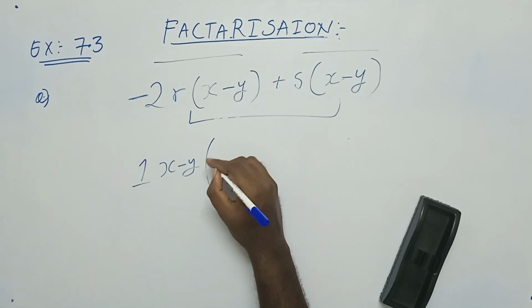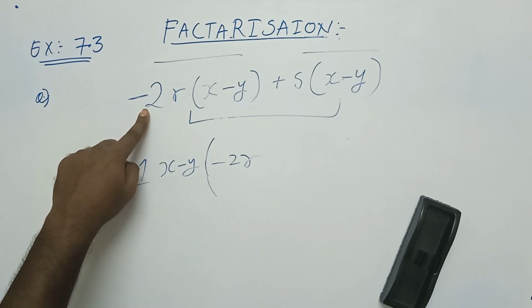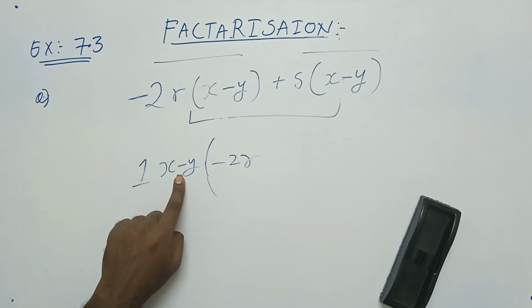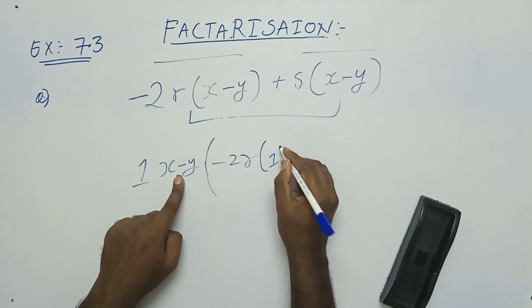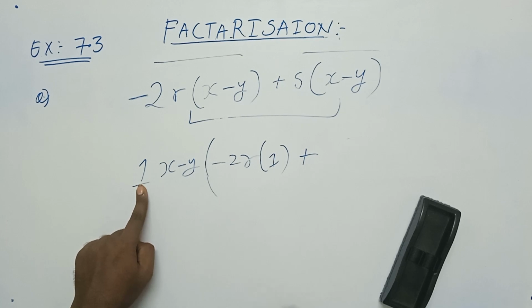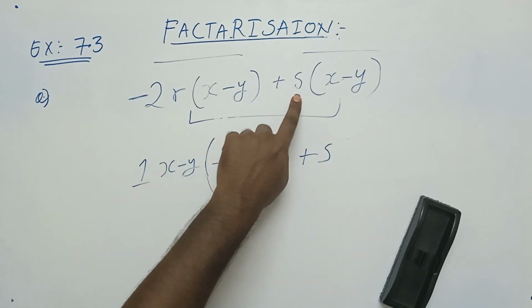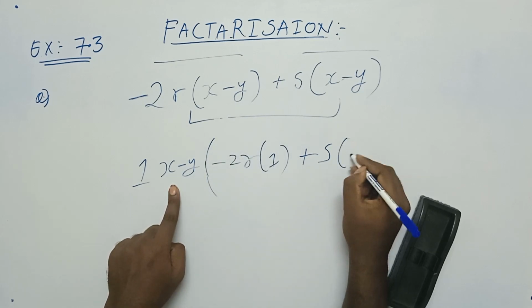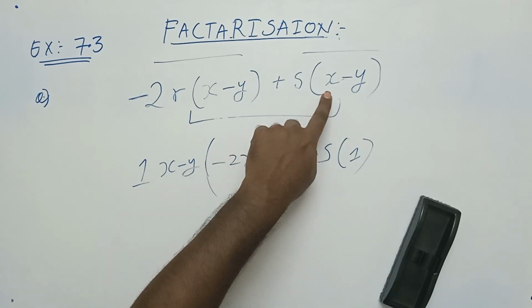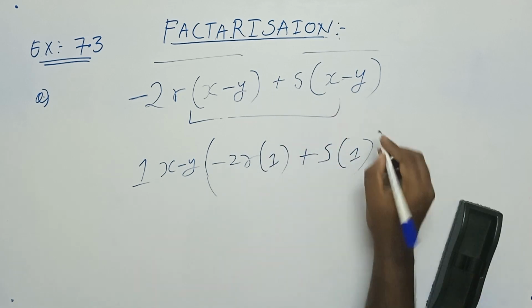So 1 into minus 2r is minus 2r, and x minus y times 1 is x minus y. We have a plus sign. So 1 into s is s, and x minus y times 1 is x minus y.